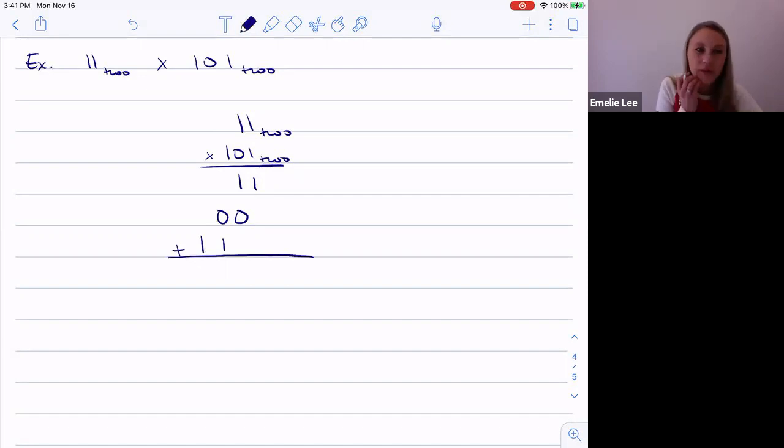And then remember, you add these all up, or kind of smush them together in this case. So this one gets brought down: 1, 1, 1, 1, base 2. So pretty fun.